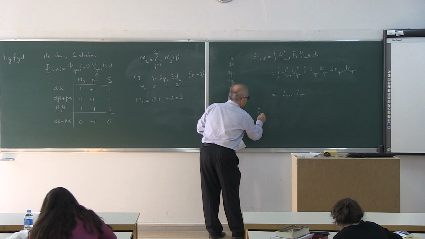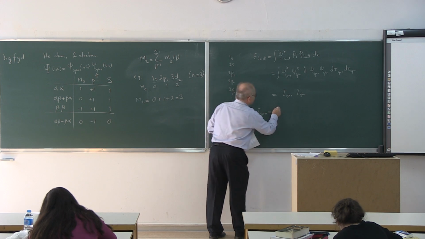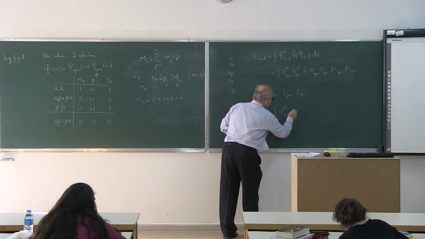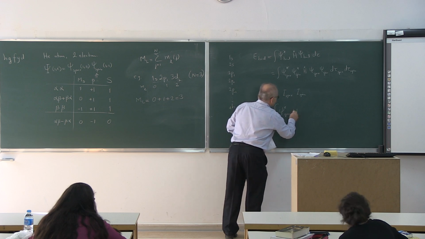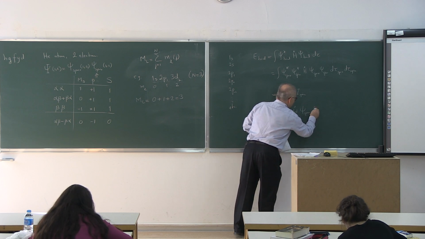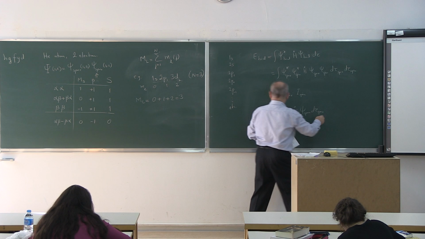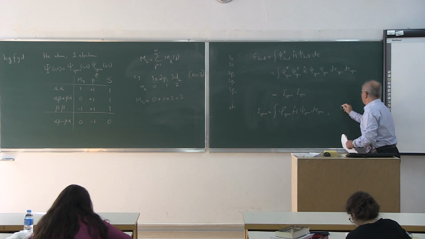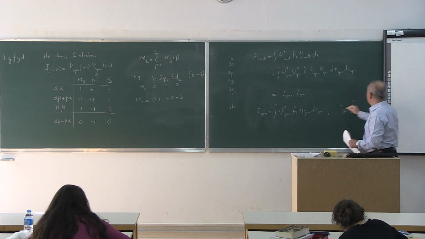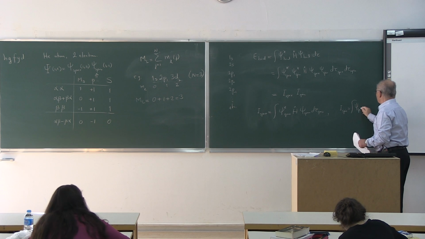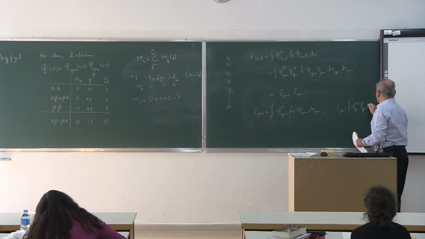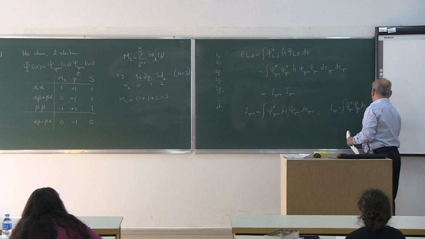Integral over space variables is psi space times the Hamiltonian in between, psi space, d tau space, whereas the spin integral is the spin part here, psi spin times this psi spin, and the integration variables are spin.